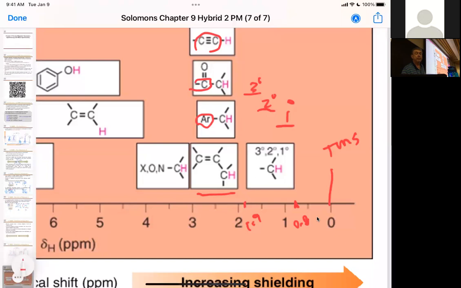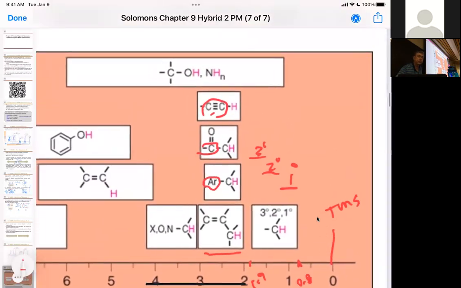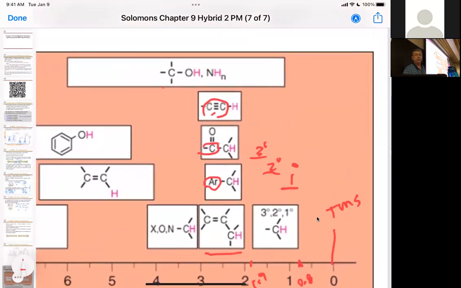This is an sp right here. But it turns out it doesn't pull as much as a double bond because of, well, I'll show you the next. So all of those are right there, kind of in that 2 to 3 range. Okay. Now we have something special about oxygen and nitrogen.